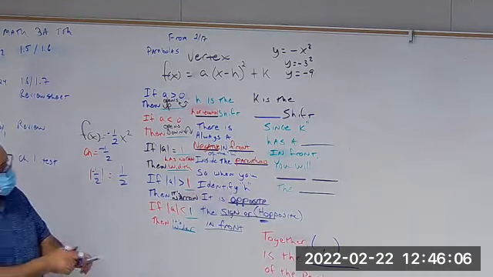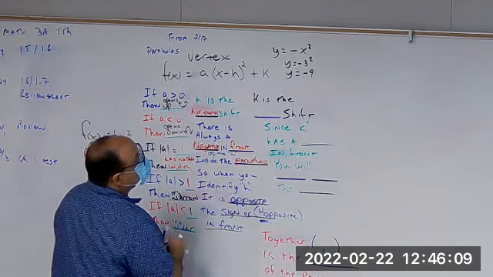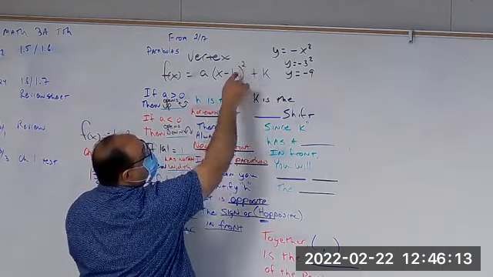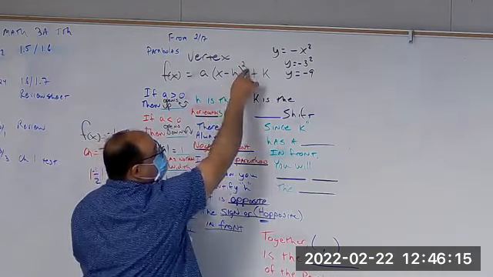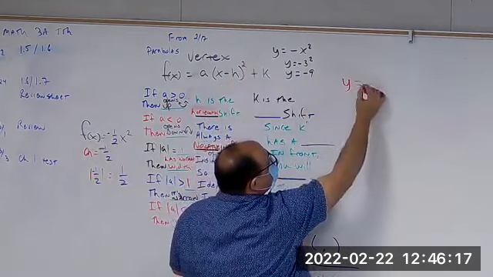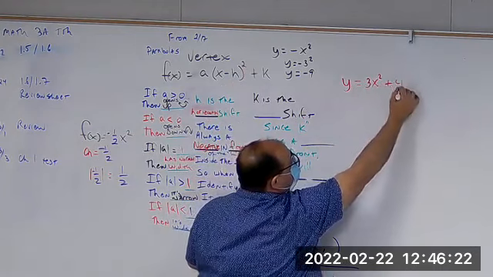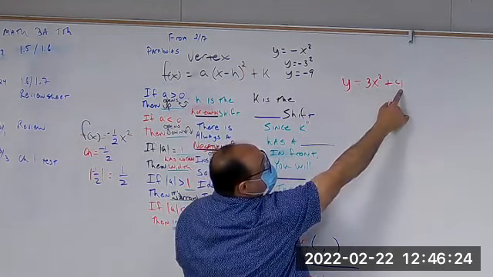K is the what shift? The vertical shift. K comes after the square. So if you saw y equals 3 times x squared plus 4, that is not in a parentheses.